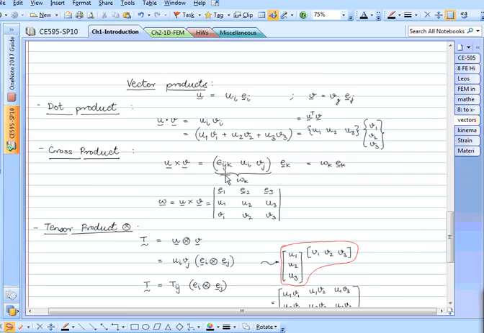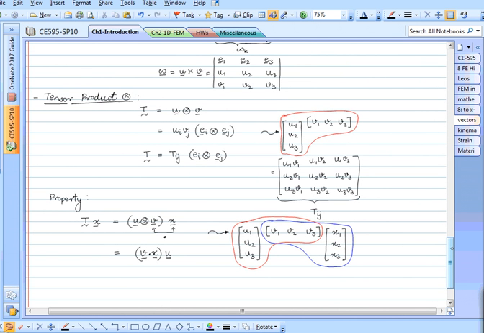Again, the summation convention applies over i, j, and k, because i is repeated, it occurs here and here, j is repeated here and here, k is repeated here and here. So this is the formula in terms of indicial notation. And if you don't understand indicial notation, write it all out and see whether this is indeed what you get or not, okay?